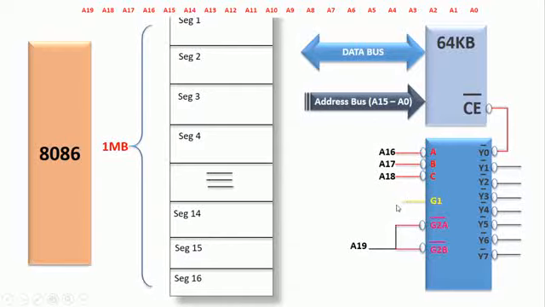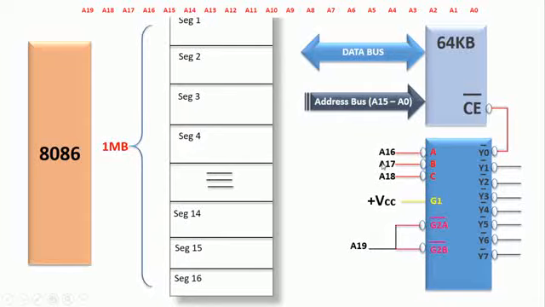So what I'm doing is I'm directly connecting VCC to enable the active high signal of my address decoder. Now what will happen? We are enabling this address decoder by using the active high signal as well as the active low signal provided by the A19 address line.